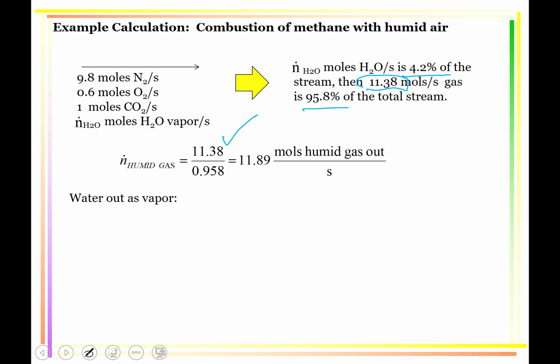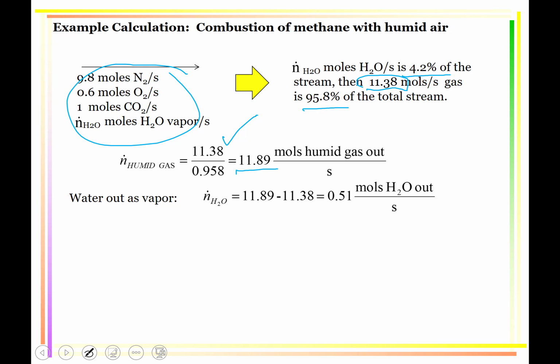So this is our exit stream, and we have a total of 11.89 moles of humid gas out, and 11.38 moles of dry gas. That means we have 0.51 moles of water in the vapor.